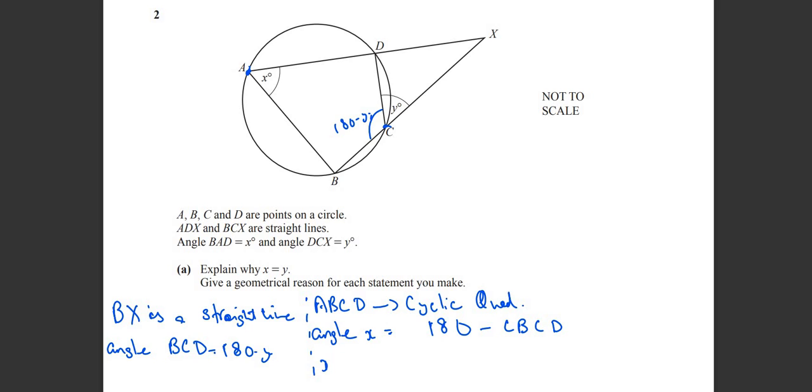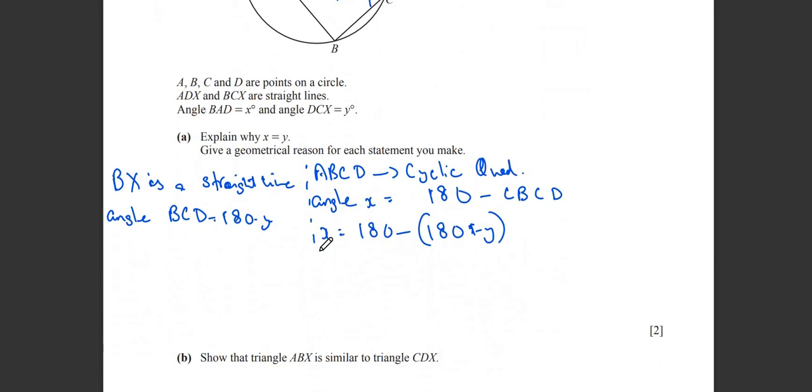So x is equal to 180 minus, let me write down in bracket, 180 minus y. So this actually becomes x is equal to 180 minus 180 plus y. 180, 180 cancelled. x is equal to y. Hence, I have shown that x is equal to y.